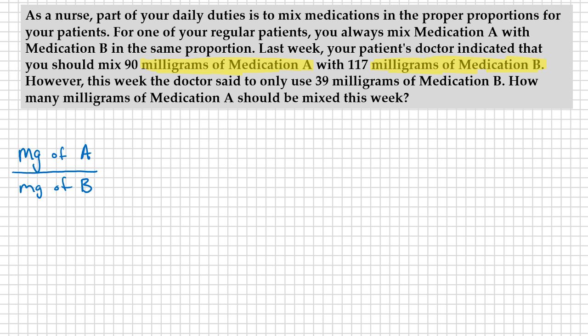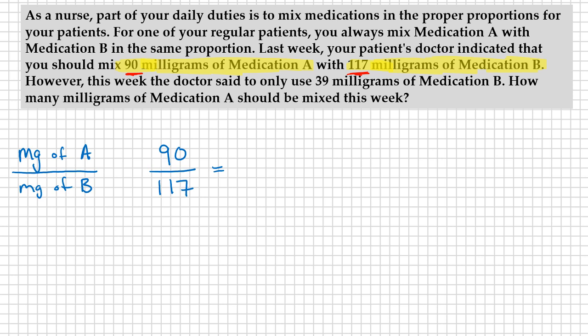And that first pair of numbers we're given is 90 milligrams of A goes with 117 milligrams of B. 90 and 117. That's half of our proportion.